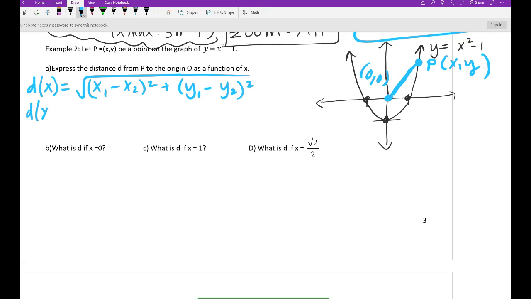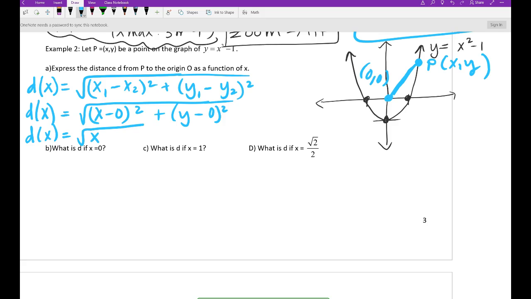Here we go. d of x equals, I'm going to use the unknown point as my x1. So that's going to be x minus 0 squared plus y minus 0 squared. When we simplify this out, I just simply have what? X squared under the radical, right? And is this my final answer?